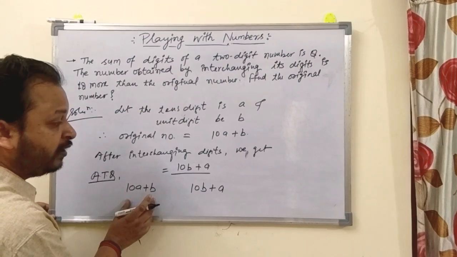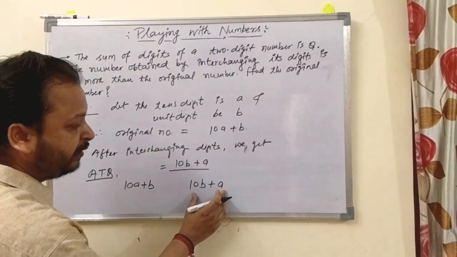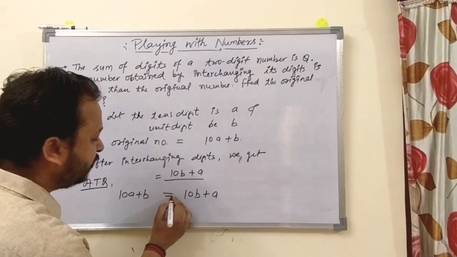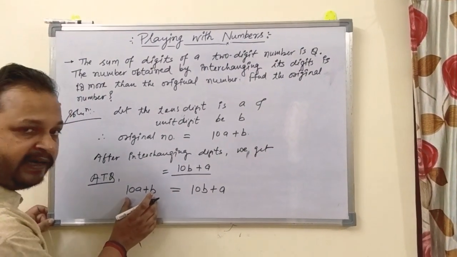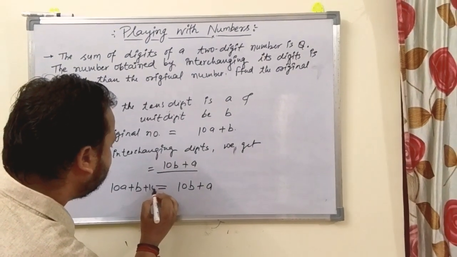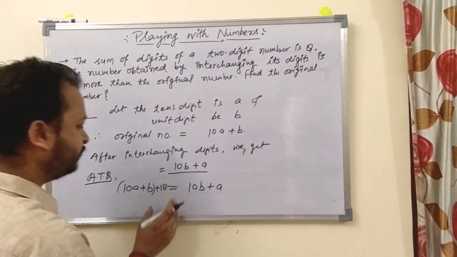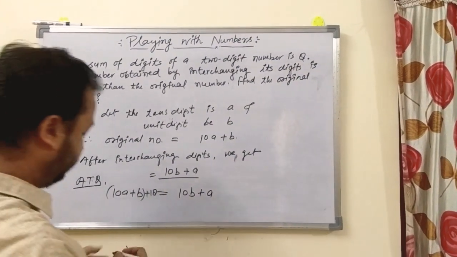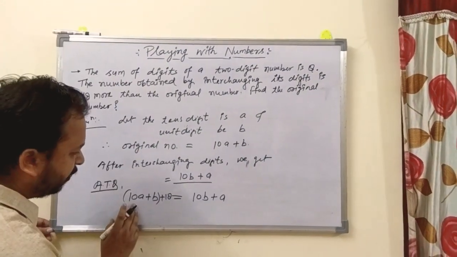So either you can subtract 18 from this side if you want to equalize it, or you can add 18, right? So if we add 18 here, both the numbers are equal, right?